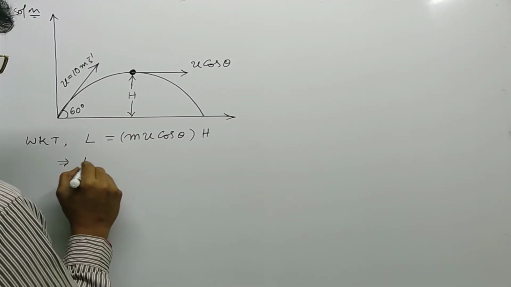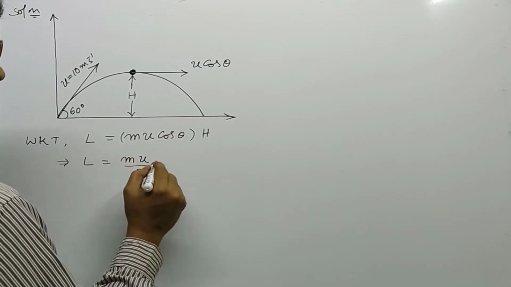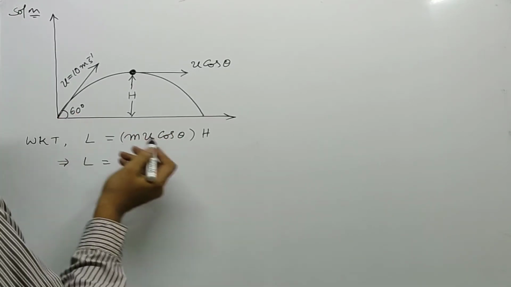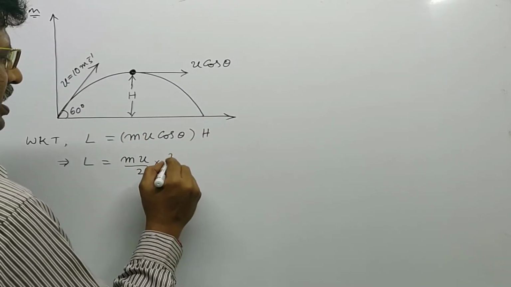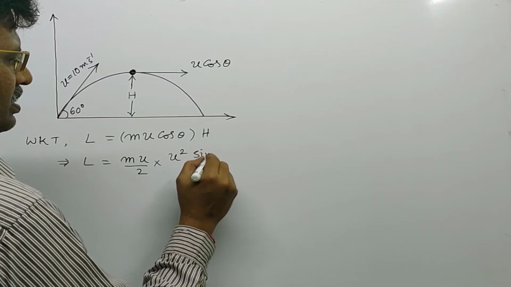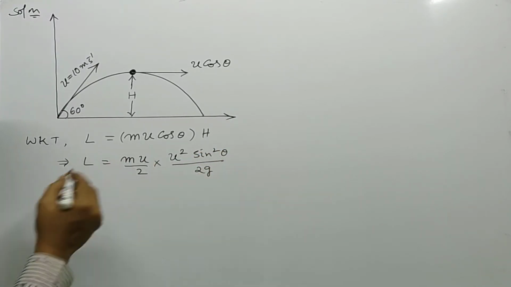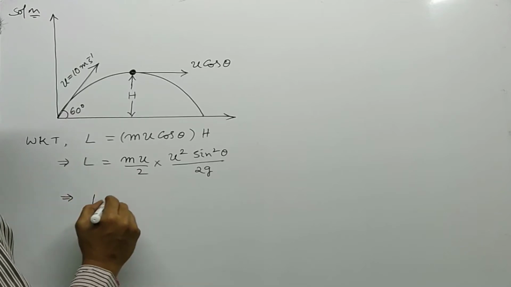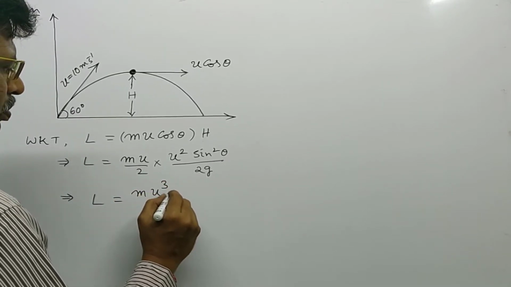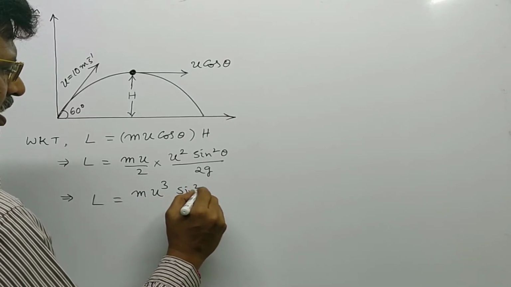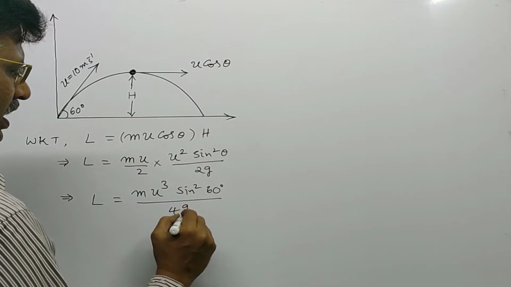That implies L is equal to m u by 2, because theta is 60 degrees and cos 60 degrees is 1 by 2, into H, whose value is u square sin square theta divided by 2g, the maximum height formula for a projectile. So L is equal to m u cube sin square 60 divided by 4g.